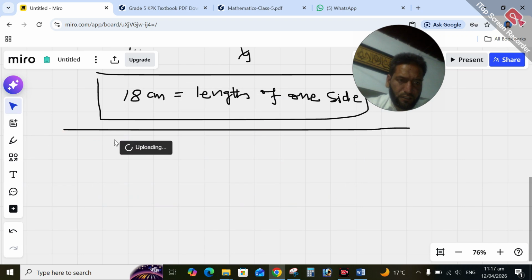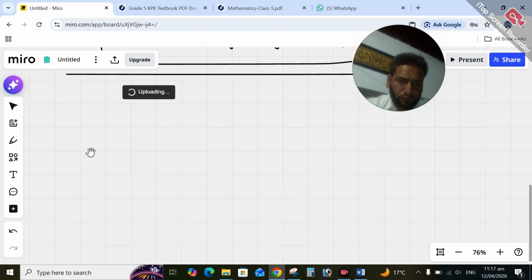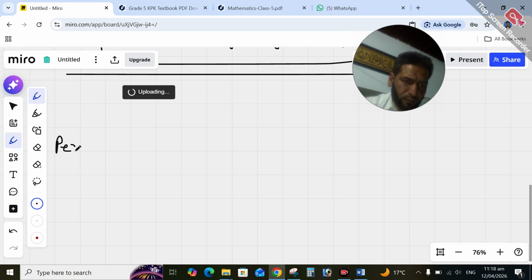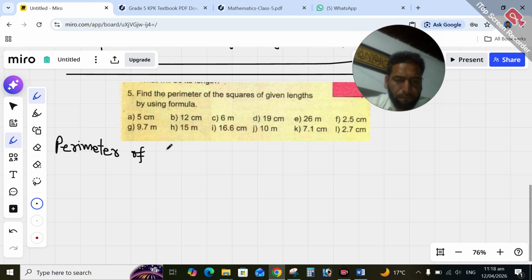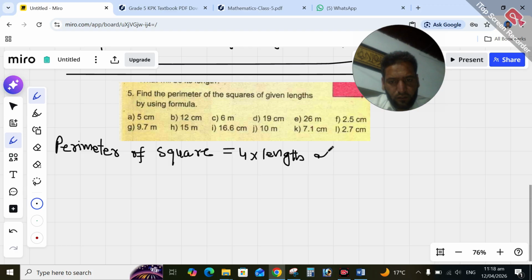The formula of the perimeter of a square is equal to 4 times the length of one side.